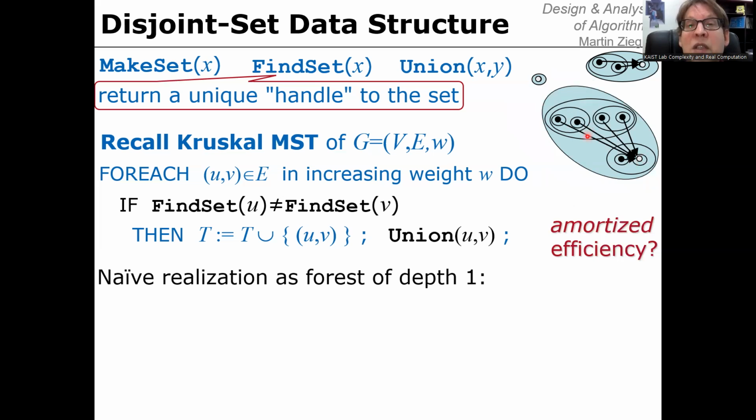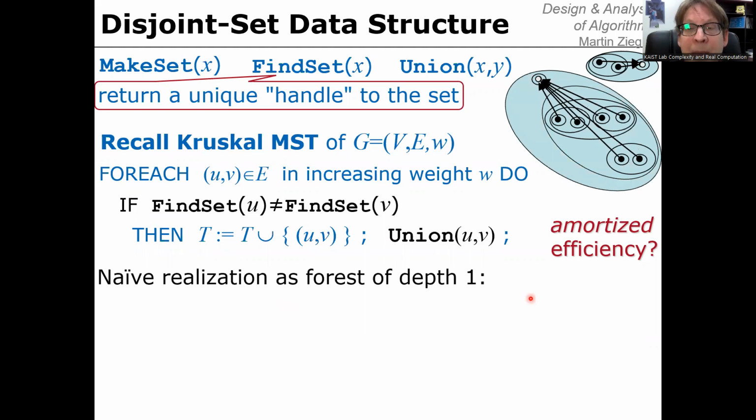But this is a natural heuristic, but it doesn't seem to give a good worst case estimate. I mean, in the worst case, we're supposed to create the union of two sets of equal size, and then it doesn't really matter how we break ties. If the two sets have equal size, then we need to update the pointers in one set, which are as many as in the other set. So either way, it's going to be linear cost for calculating the union in this realization as a forest of depth 1.